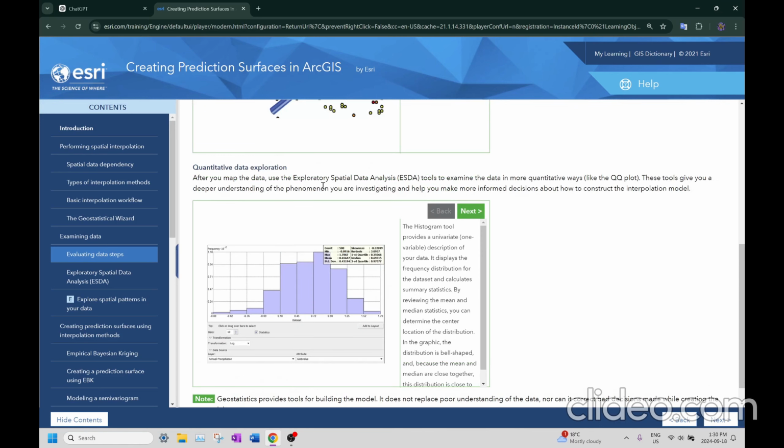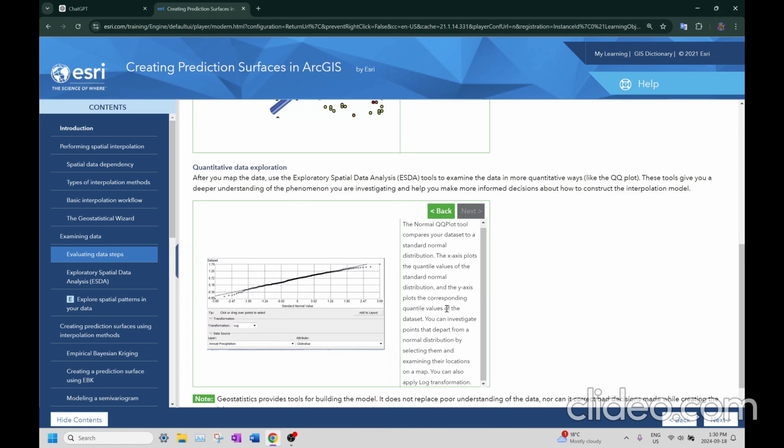ESDA, exploratory spatial data analysis, is quantitative data exploration by building a histogram, which is the univariate description of your data. We can have a look at whether this is normally distributed. And the normal QQ plot compares your data set and the standard normal distribution.